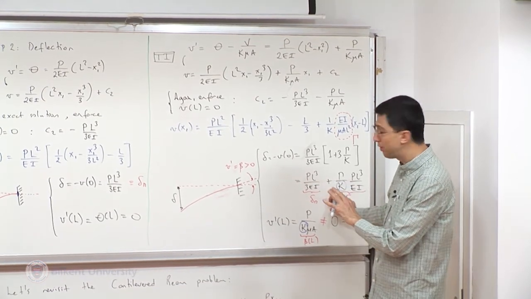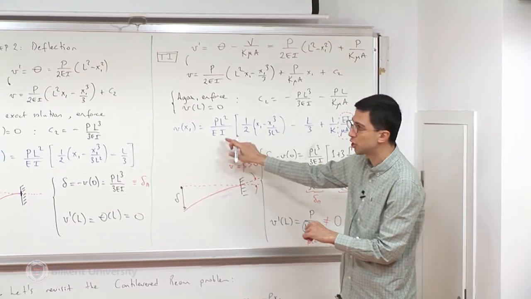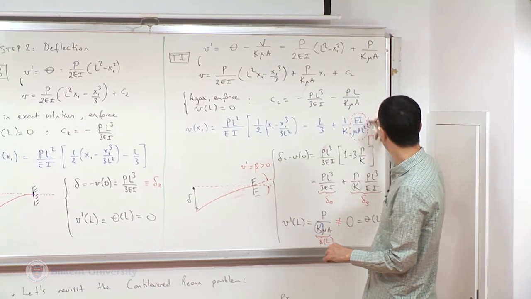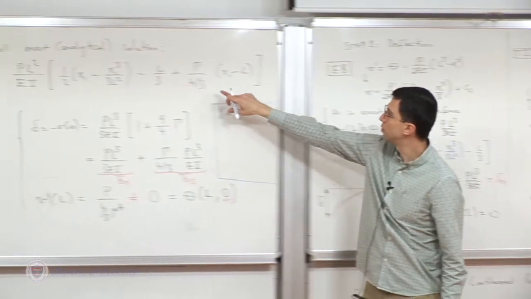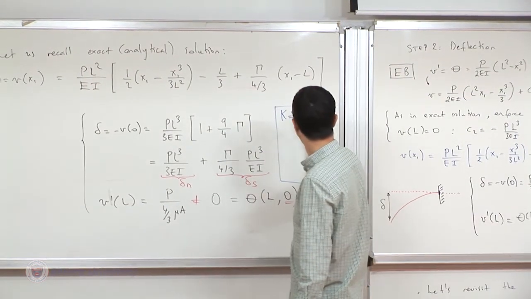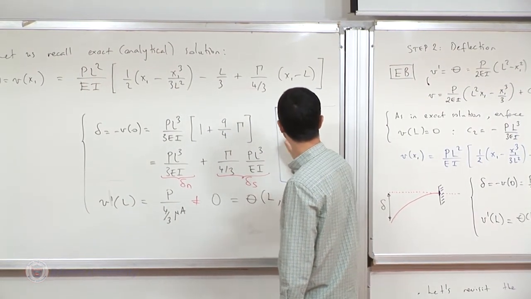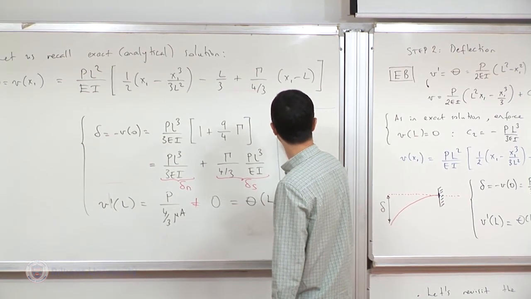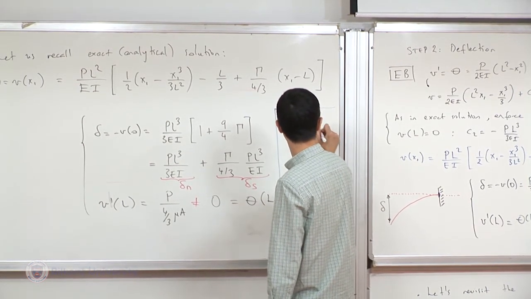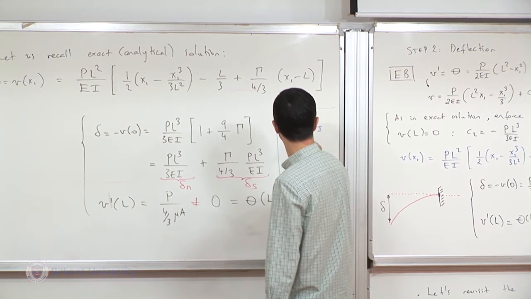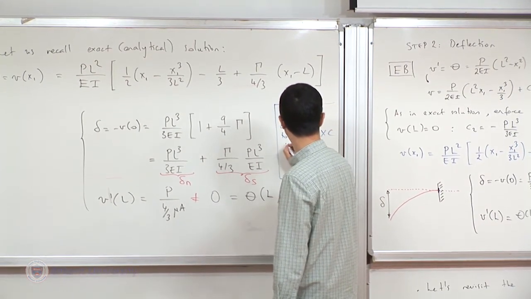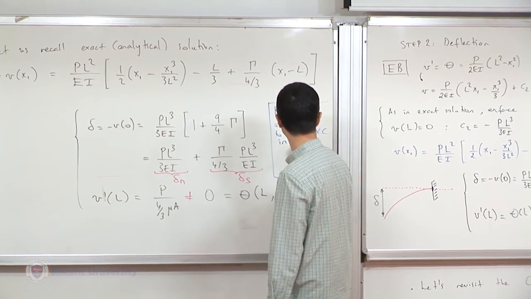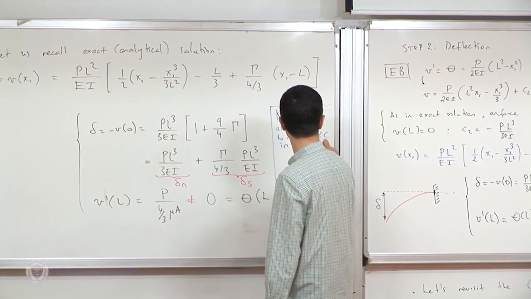Not only the tip deflections, it's the whole deflection matching perfectly. So this is gamma over k, x1 minus L, gamma over 4 over 3. So k equals 4 over 3 allows Timoshenko to match the exact solution or analytical solution in deflection.